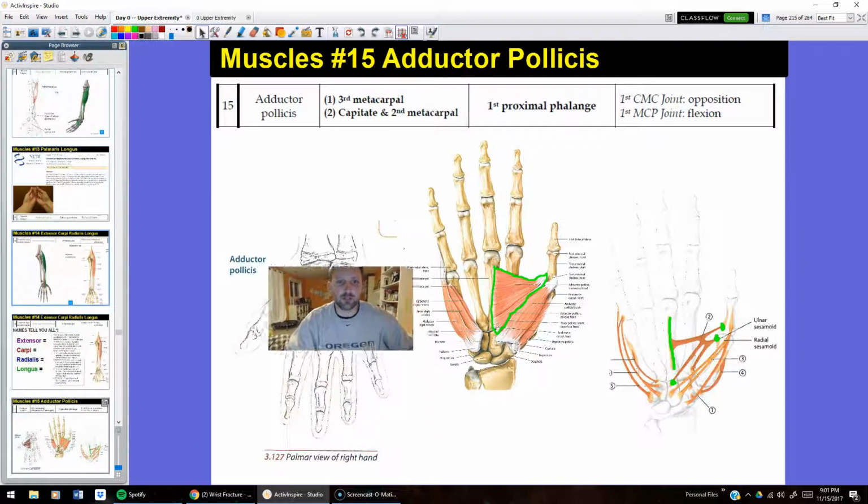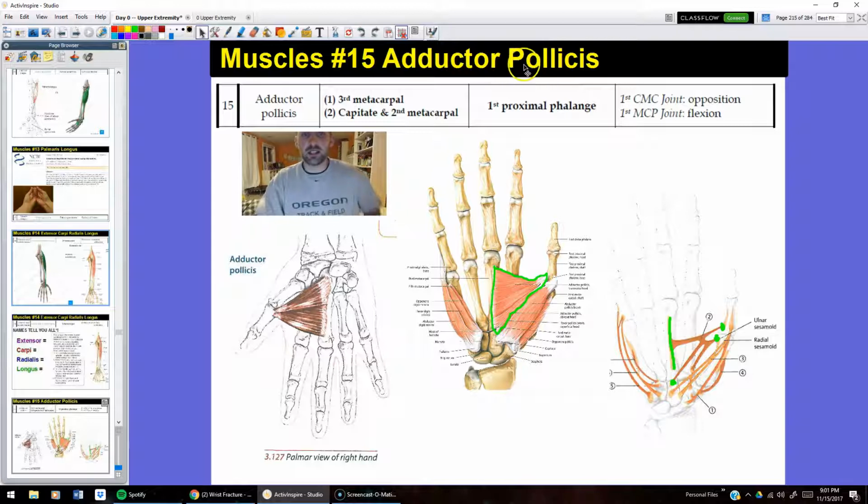Okay, muscle 15 is the adductor pollicis. This is one of the coolest shaped muscles, honestly, of the hand. He is a big triangular shaped muscle, originates on this third metacarpal right here. He also has a second origin point of the capitate, so this carpal bone right below the middle finger, and the second metacarpal bone.